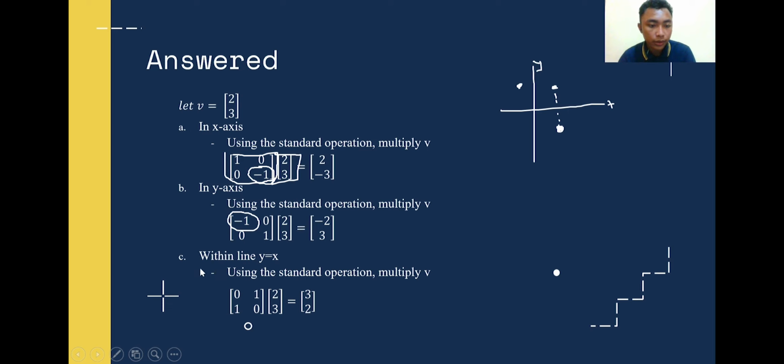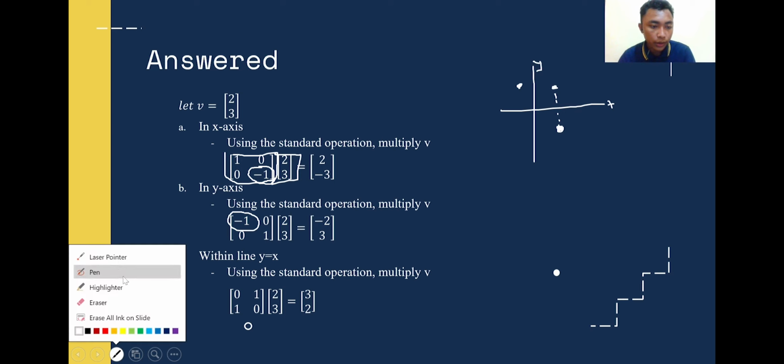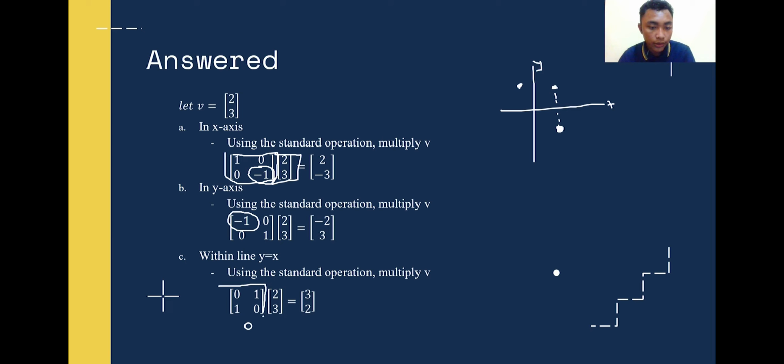And the next is reflection across the line y equals x. The formula is this. I think this one is different, because in the x-axis and y-axis the position of 1 is on this line, but in the line y equals x, the position of 1 is in this and this.